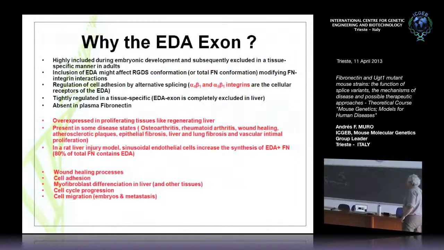So we decided to study the EDA exon for different reasons. One of the reasons is that it is very tightly regulated. As I mentioned before, it is included in the extracellular matrix of tissues, and it is not included in the liver. But regulation of splicing also occurs during aging. At the beginning, in the embryo, it is highly included, as we can see in this slide.